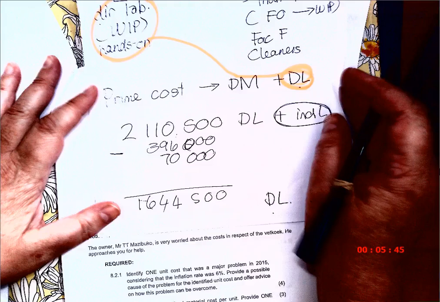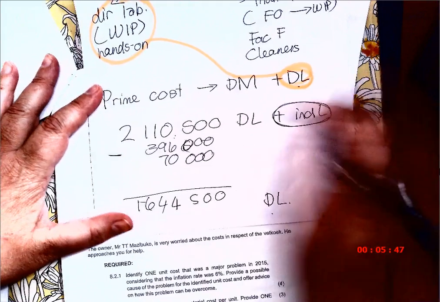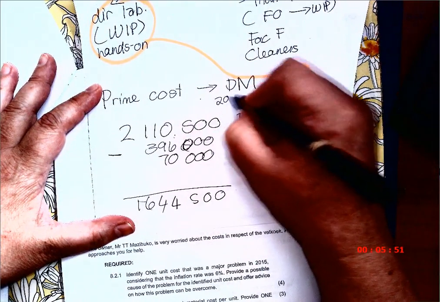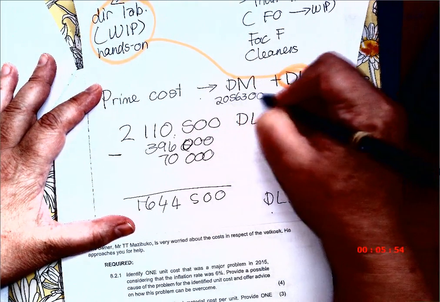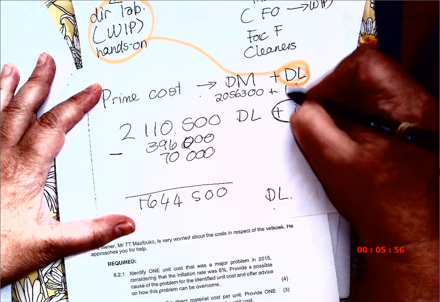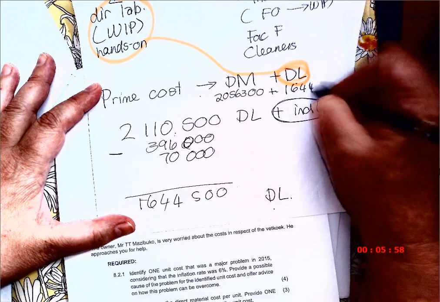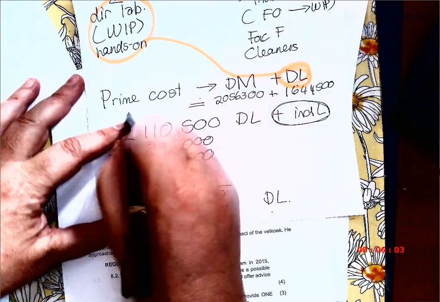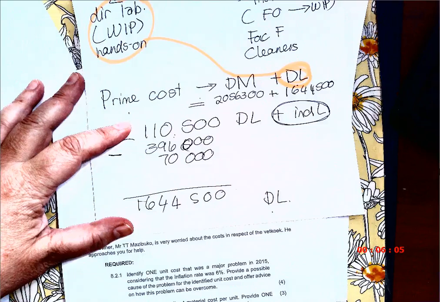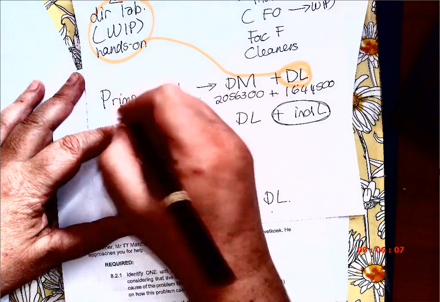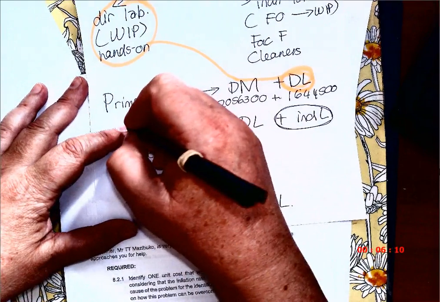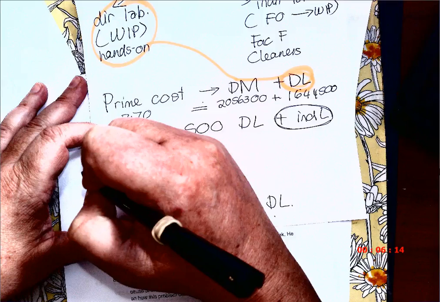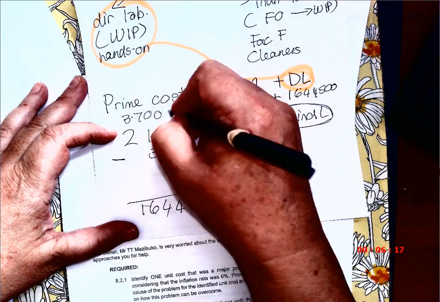So I got my prime cost, remember, by saying the direct material, which was that 205,600, plus the direct labor, the 1,644,500. And that will give me my prime cost is how much? 1,850,100. Anybody?